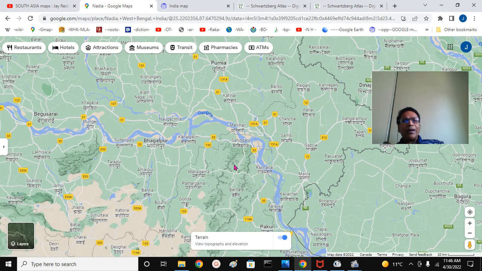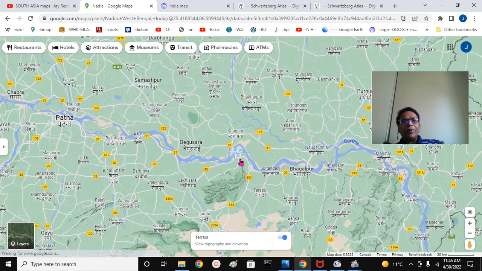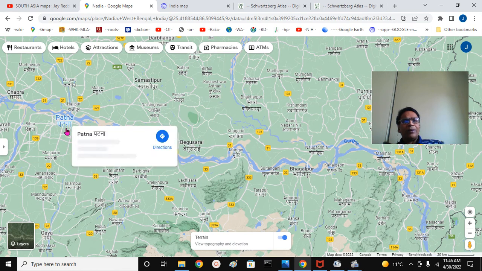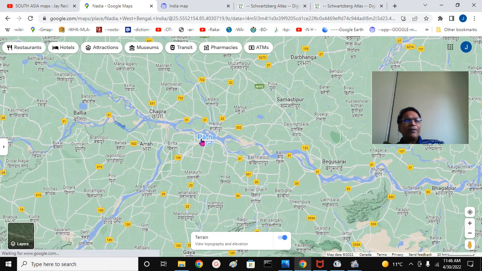Before the actual battle started, he moved his capital to Munger on the Ganga, the Munger fort, and there is Patna, and a battle was also fought in Patna. Finally he fled and got defeated at Buxar. When he got defeated, he fled to Nepal and finally died in ignominy.